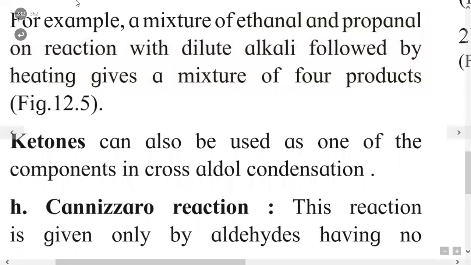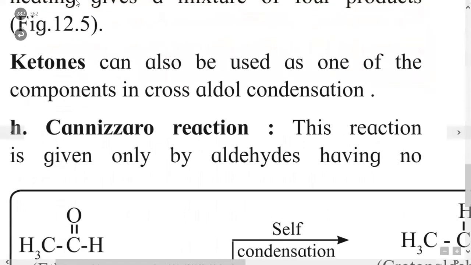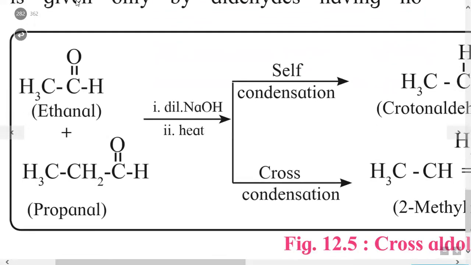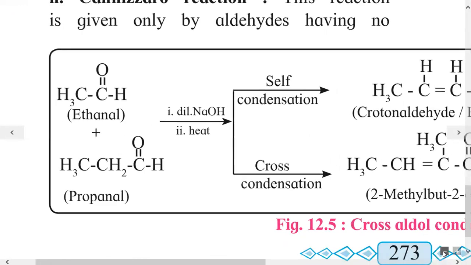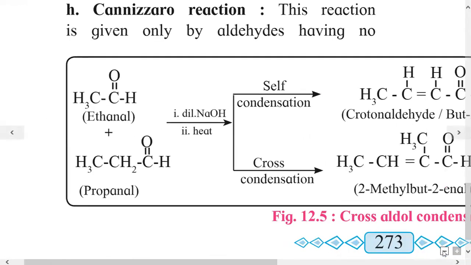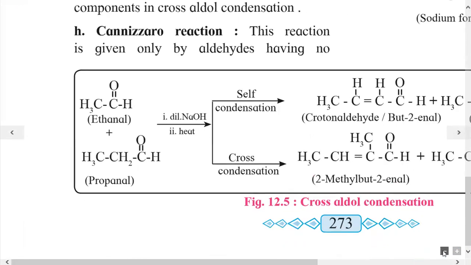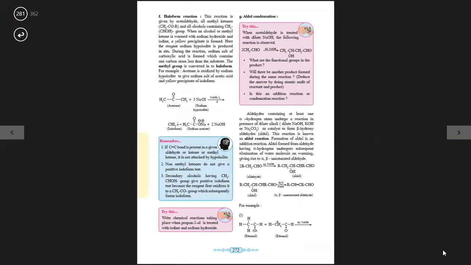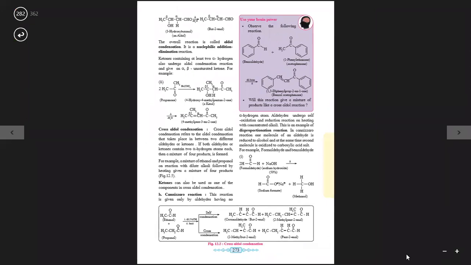So this reaction is shown in figure 12.5. This is a cross aldol condensation reaction between ethanol and propanol. We will see how the final products are formed by self and cross aldol condensation reactions.